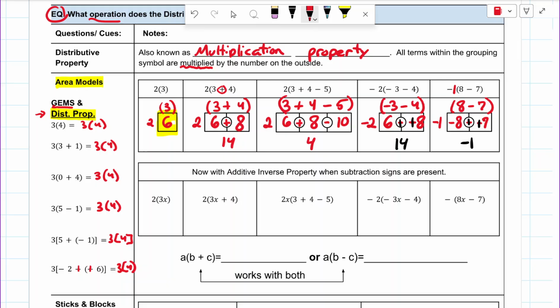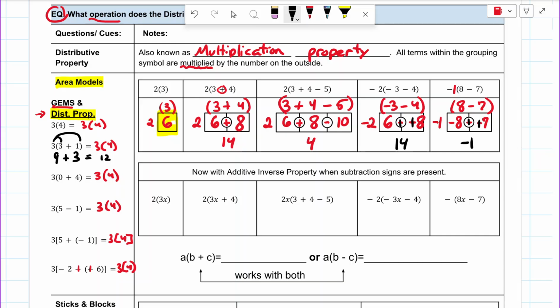But let's go ahead and do distributive property first instead of doing GEMS. Does it work? 3 times 3 is 9, and 3 times 1 is 3. And 9 plus 3 is 12, exactly what 3 times 4 is.